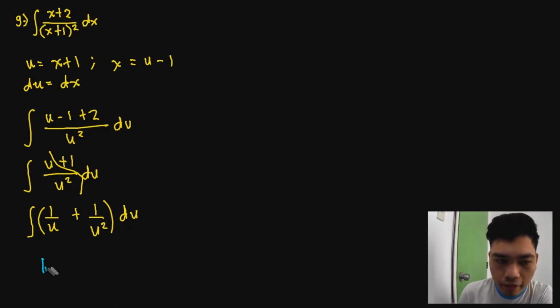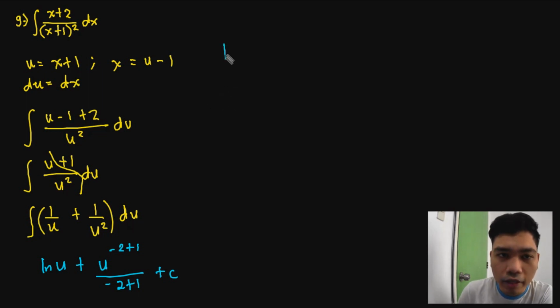So that will be ln of u, and then plus this one is u raised to negative 2, so this becomes u raised to negative 2 plus 1 divided by negative 2 plus 1 plus c. So the final answer in terms of u would be the natural logarithm of u, minus u raised to negative 1, then of course plus c.